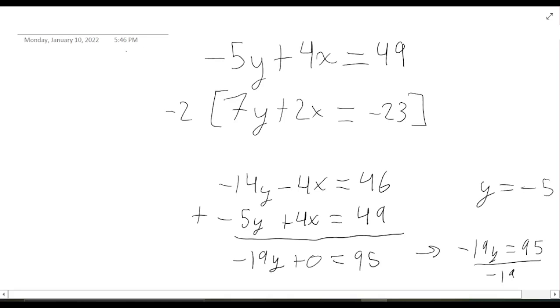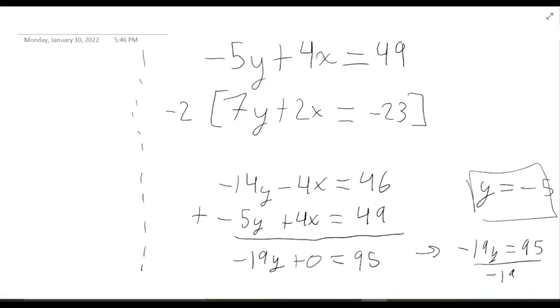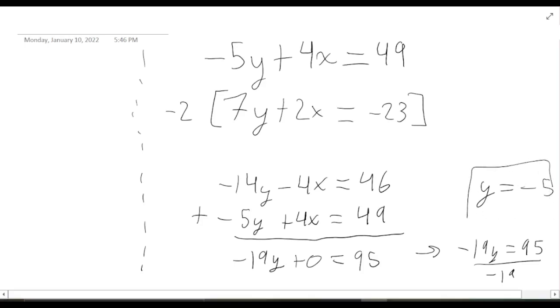So now all we got to do is plug in what we know for y into one of the equations to find out what x is. So let's actually do the first equation. So negative 5 times y, which we know is negative 5, plus 4x equals 49.